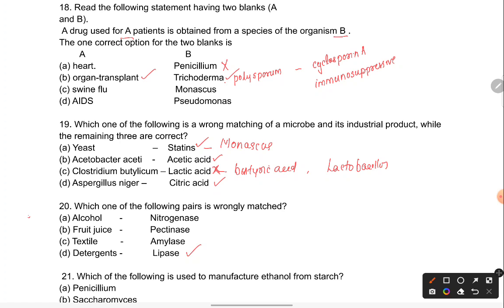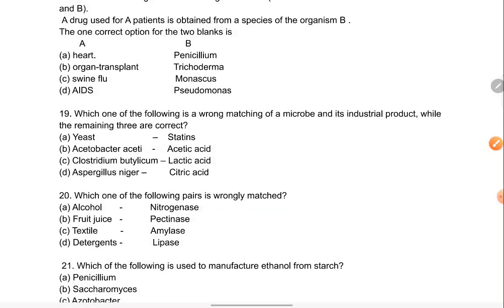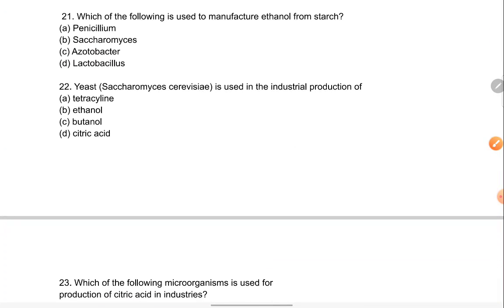In the textile industry we use amylase. And for the clarification of bottled juice we use the enzyme pectinase. So the wrong option is which one? Alcohol, nitrogenase. So the correct option for the 20th question is option A. Now question number 21. Which of the following is used to manufacture ethanol from starch?